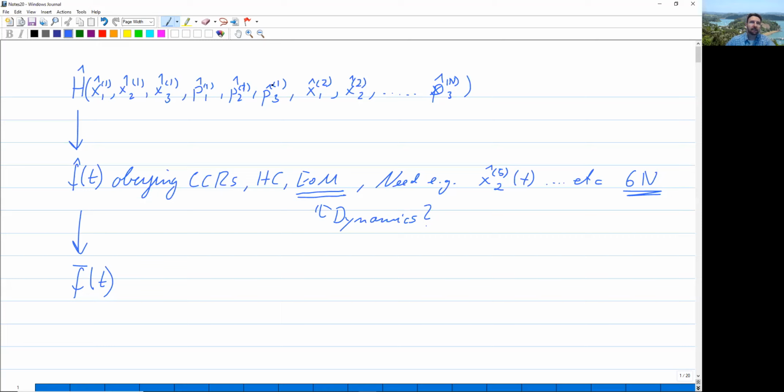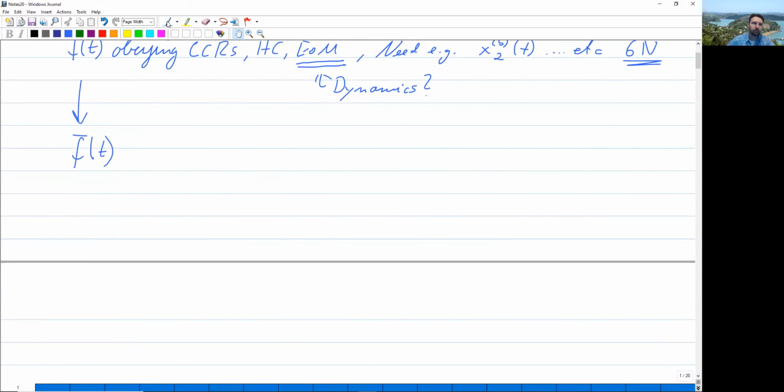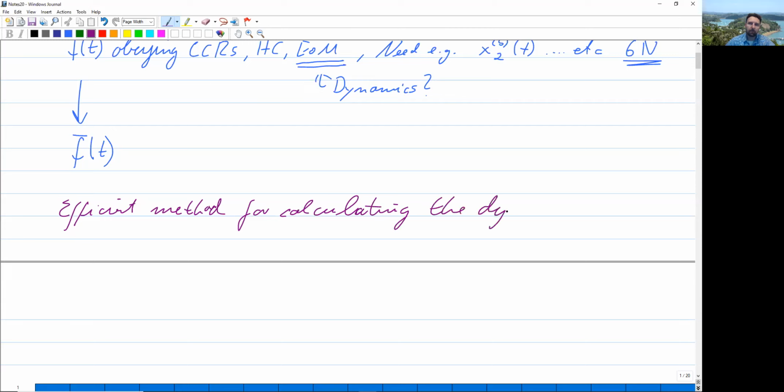Now, fortunately, there is a way to solve for the dynamics of all of those operators by solving for just 1 operator valued function of time. So here's a very efficient method for calculating the dynamics.